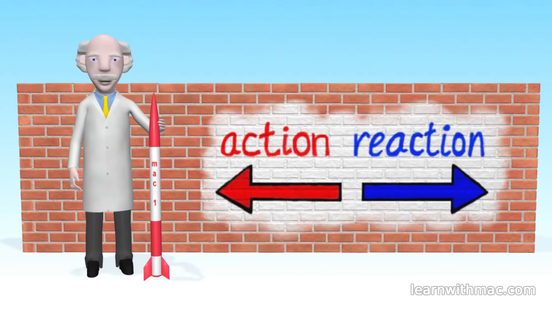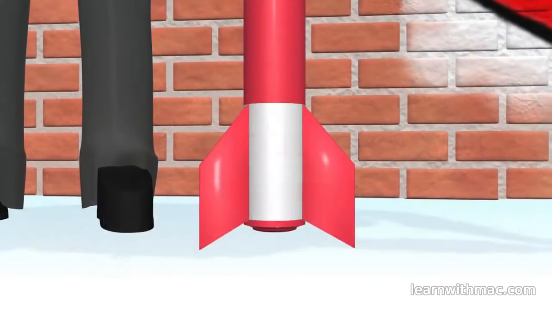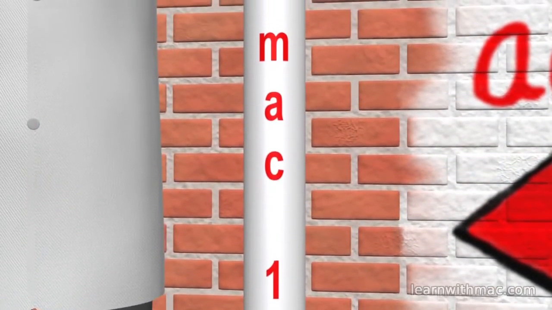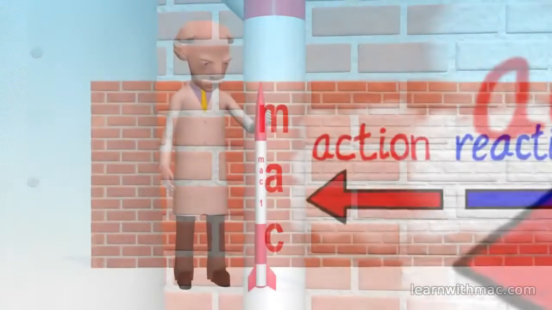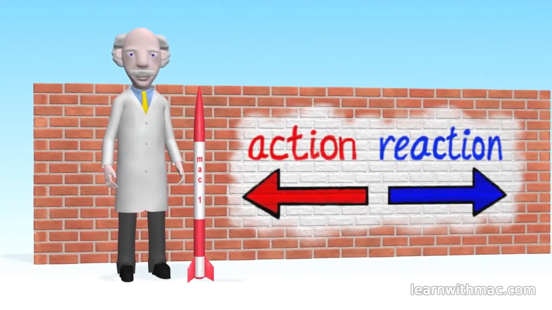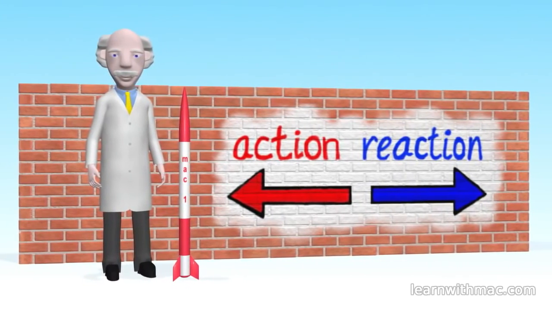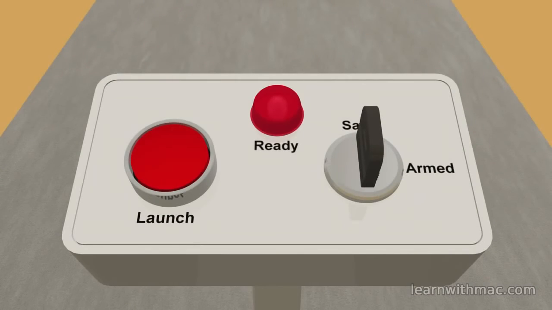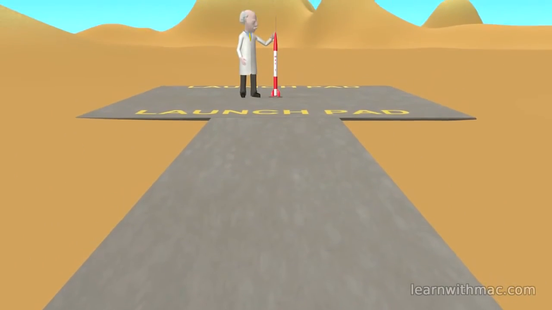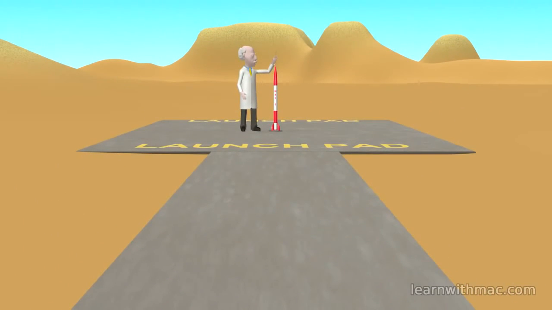So what about this rocket I have here? And how do I use Newton's third law to launch it? Well, join me in my laboratory, where we will conduct a series of experiments to understand how Newton's third law of motion enables me to launch my rocket Mach 1. So you may be asking yourself, how does Newton's third law of motion enable a rocket to be launched?